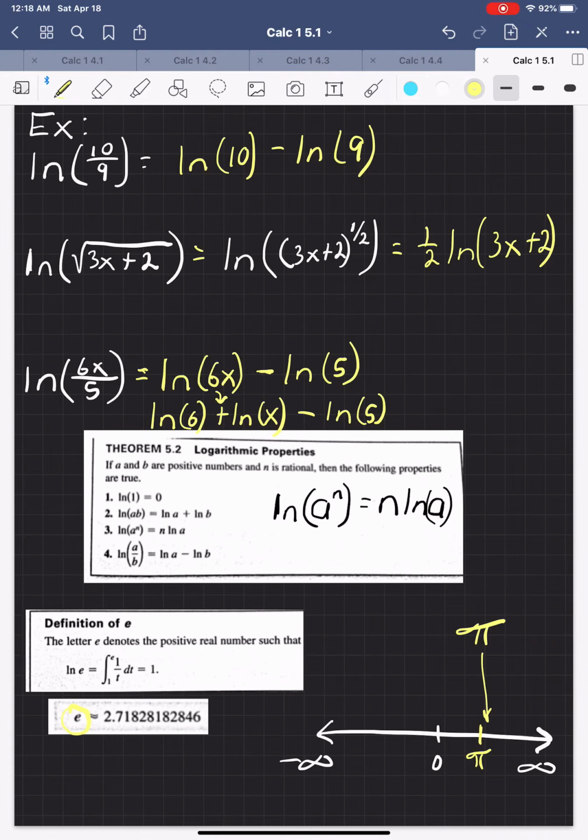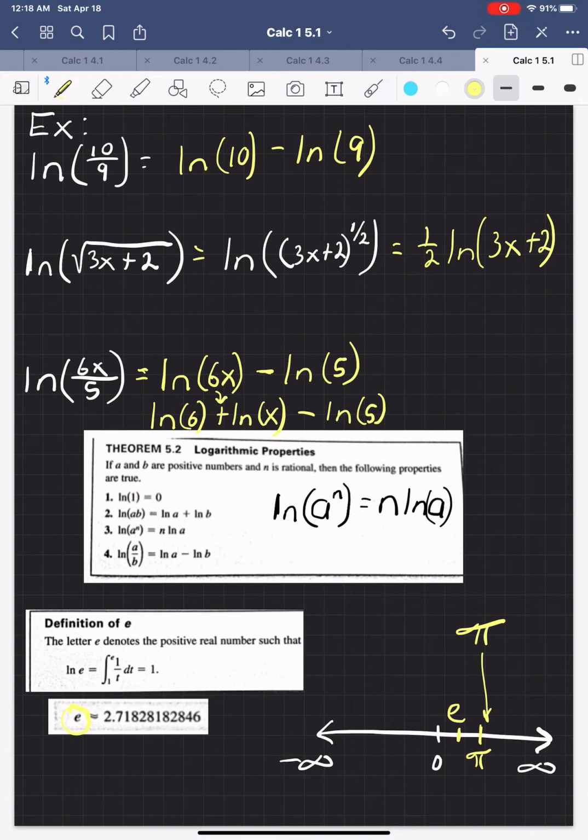But it is also a number on this number line. It too is an irrational, non-terminating number that can't be expressed as a fraction.